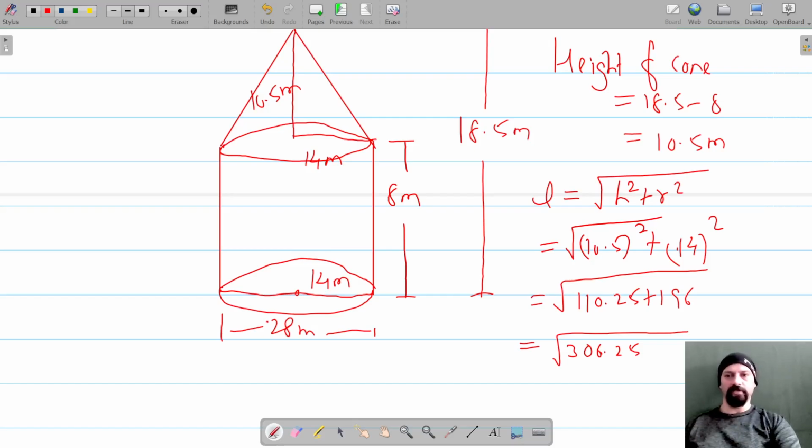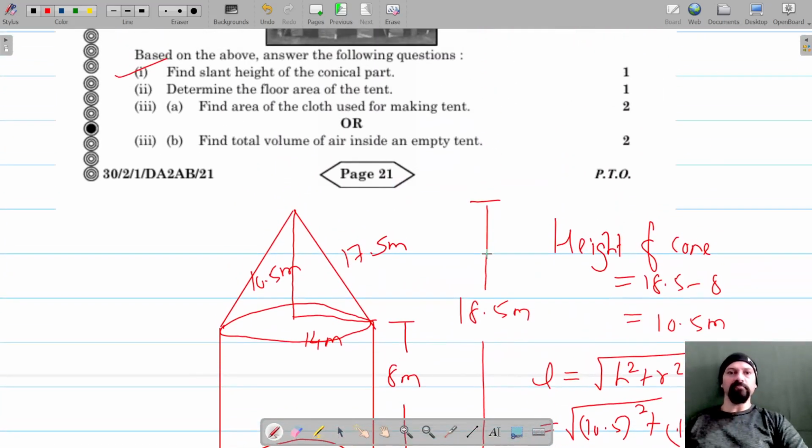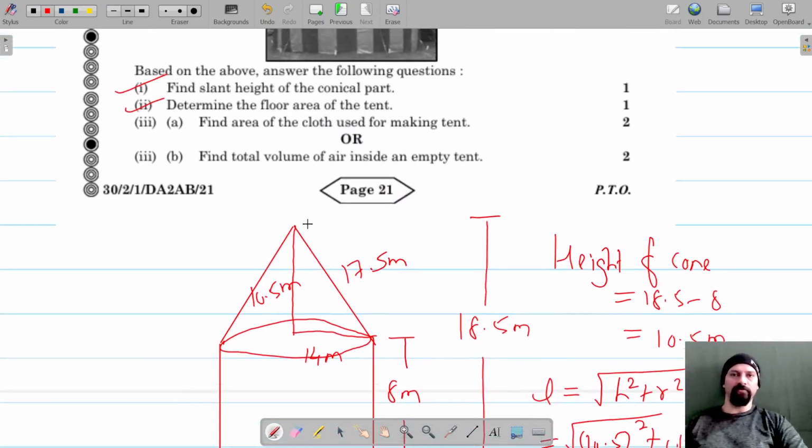We can find it using long division method, and this is 17.5 meters. So 17.5 meter is the slant height of the cone. Now we have to determine the floor area.